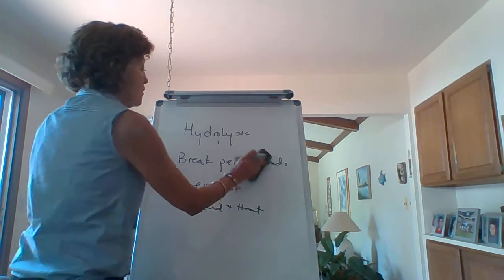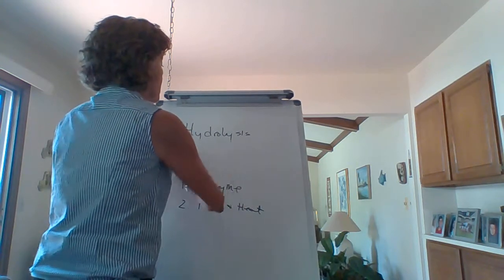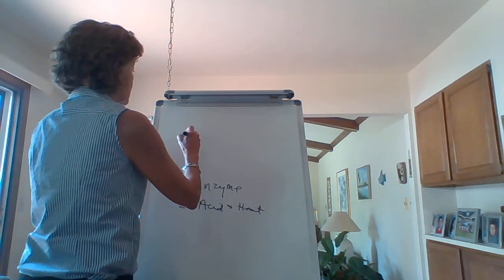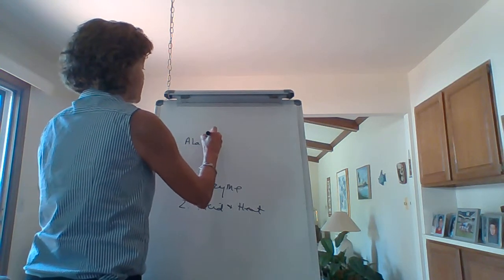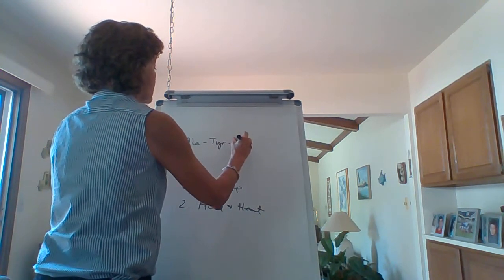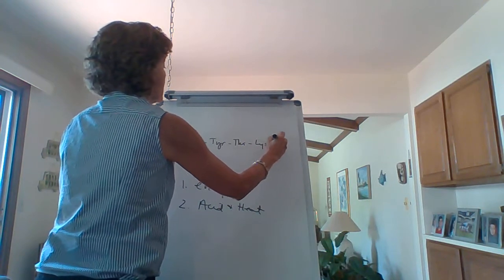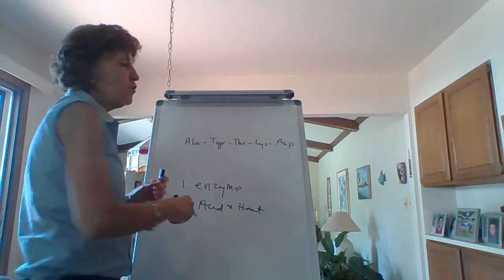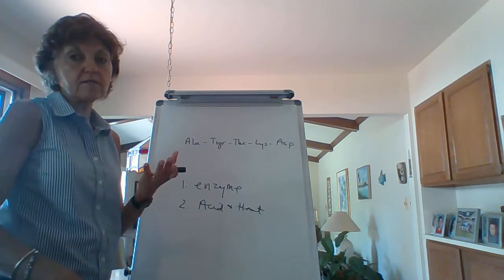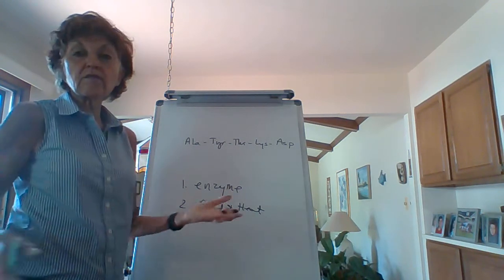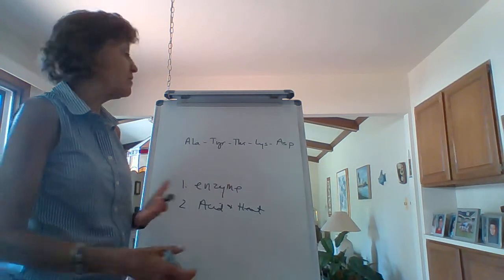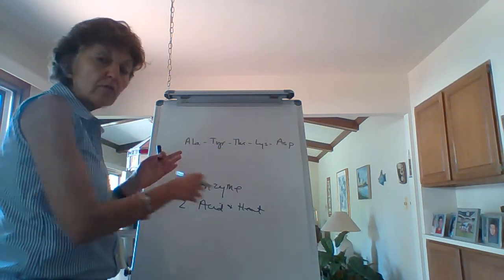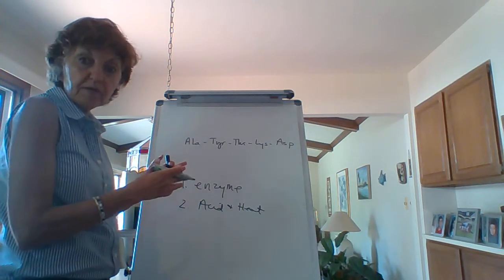Okay, so if you've got, let's say, this alanine, tyrosine, threonine, lysine, aspartic acid, and you are going to hydrolyze it, whether you use an enzyme or an acid or heat, you could chop it up into individual amino acids or chop it up into smaller peptides.